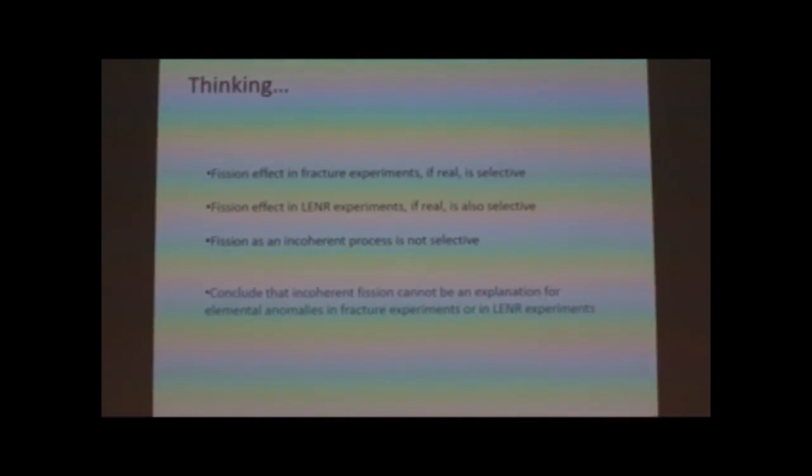But the LENR transmutations, in my view, I think are real, but they show a very high degree of selectivity. And fission is an incoherent process that is distinctly non-selective. So I think an incoherent fission mechanism just is not a candidate out of the box, is never going to work, and is not going to be able to be modified ever to work.